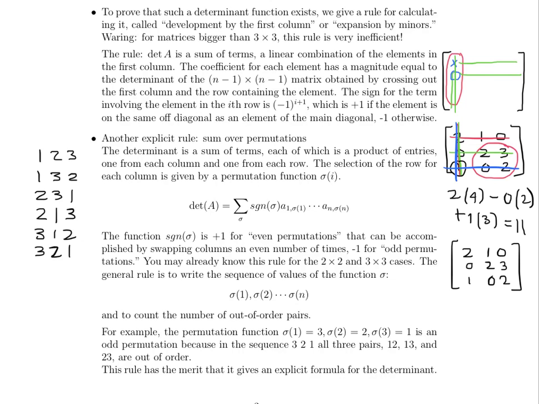What you're going to do is create a term for each of these different orders. And here's how you create that term. With 1, 2, and 3, you take the first entry in the first row, the second entry in the second row, and the third entry in the third row, and multiply them together. So that's going to be 2 times 2 times 2.